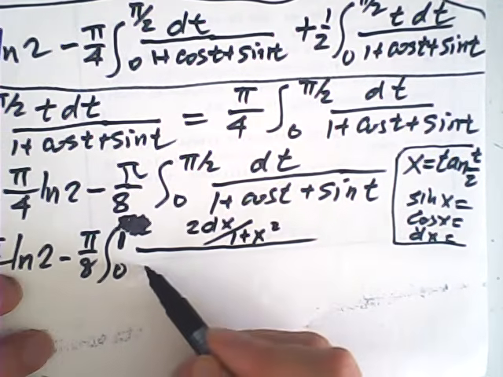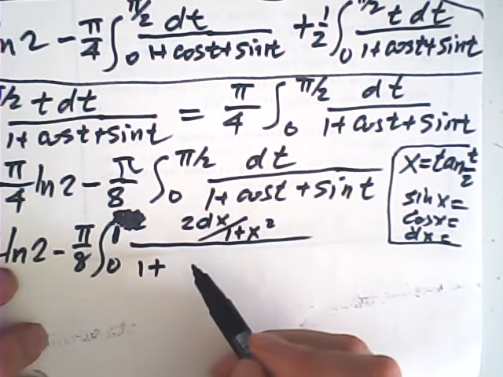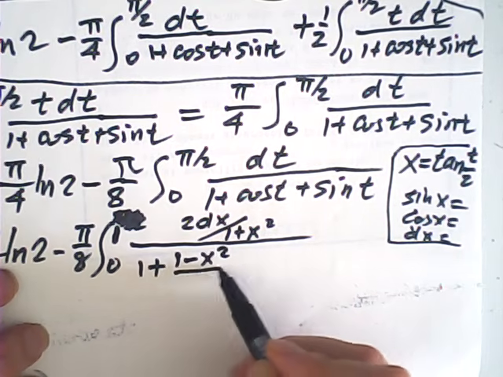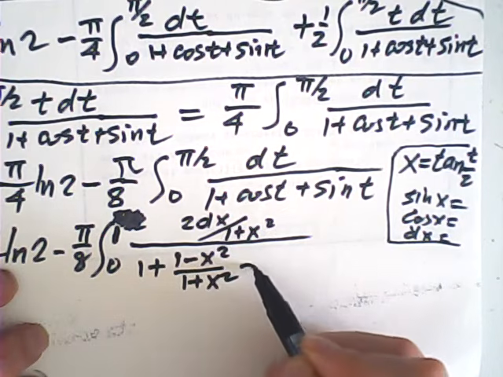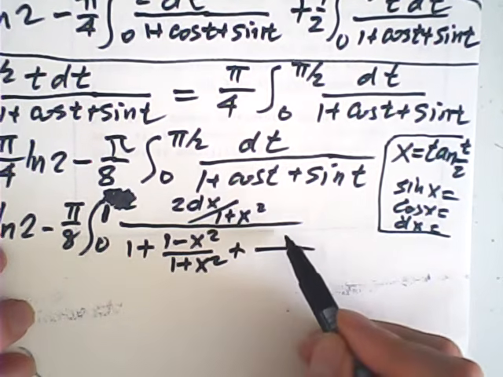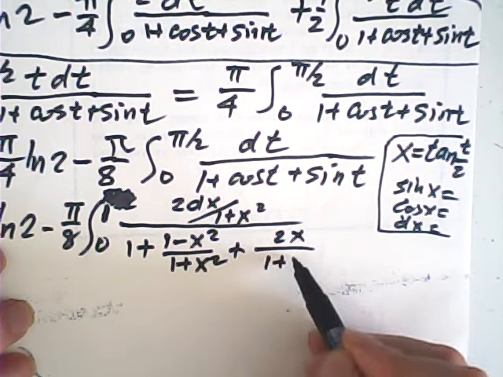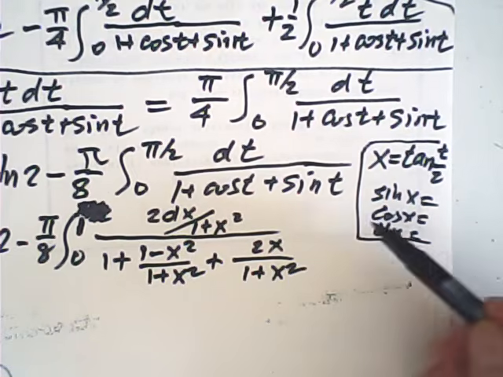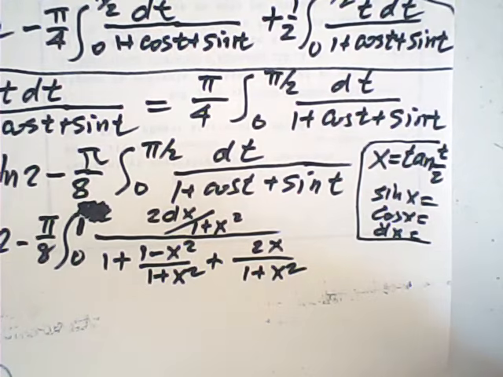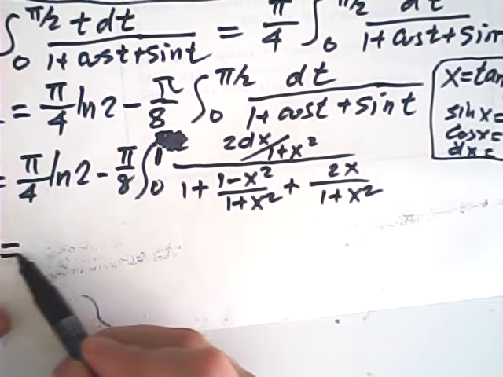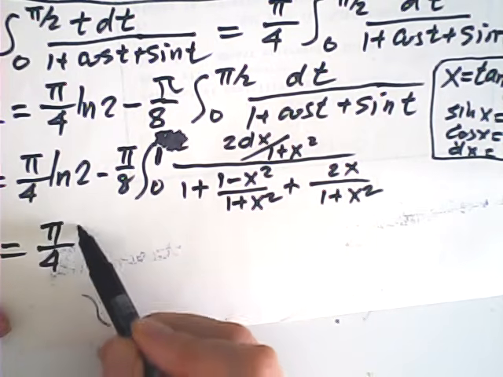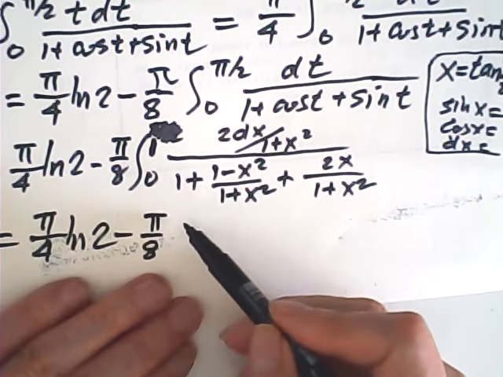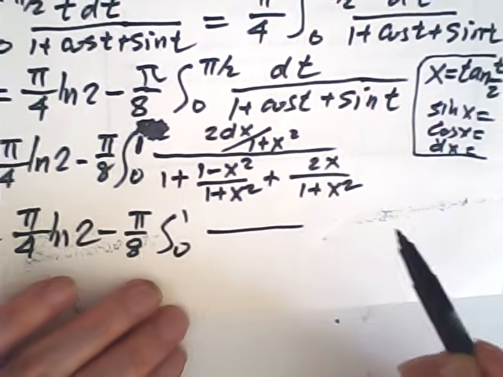The cosine is (1 minus x squared) over (1 plus x squared), and sine is 2x over 1 plus x squared. For this type of substitution, you must be familiar with it. Then this simplifies again, minus pi over 8, from 0 to 1.